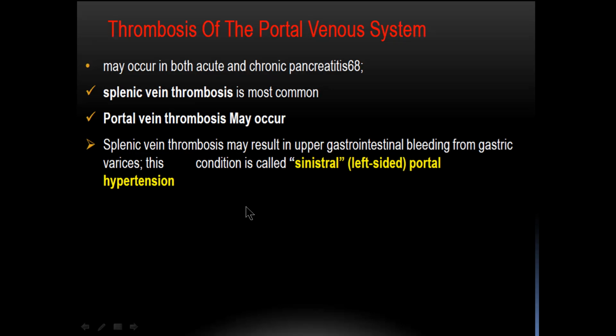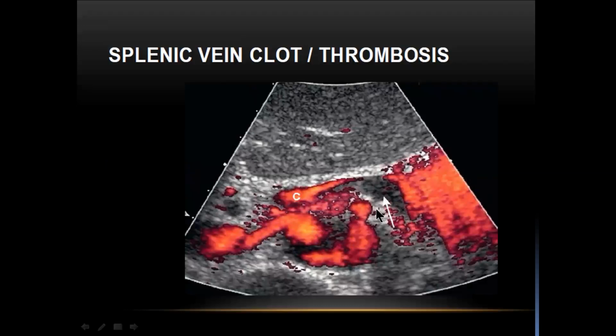The peculiarity of this type of portal hypertension is that the flow of the blood is hepatopetal, or toward the liver, whereas in normal hepatic portal hypertension, the flow of the blood is away from the liver. So this is the difference between left-sided and hepatic portal hypertension.